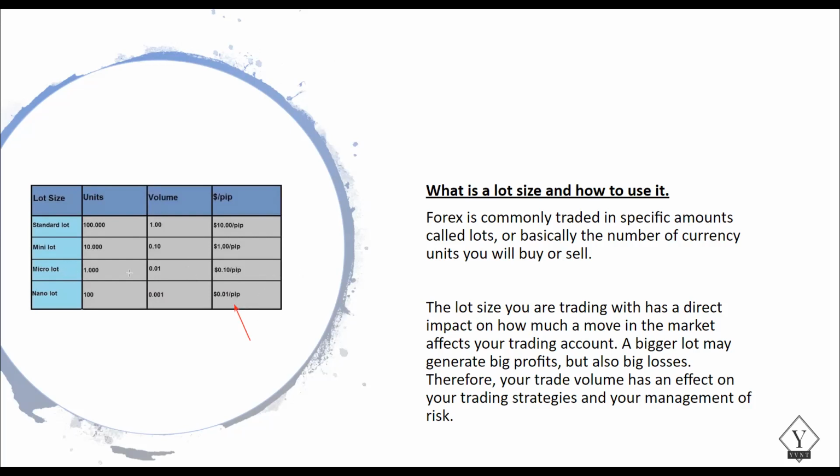And then a micro means that 1 pip costs 10 cents. A mini means 1 pip costs $1. Can you guys now start seeing the difference? A standard means that 1 pip costs $10.